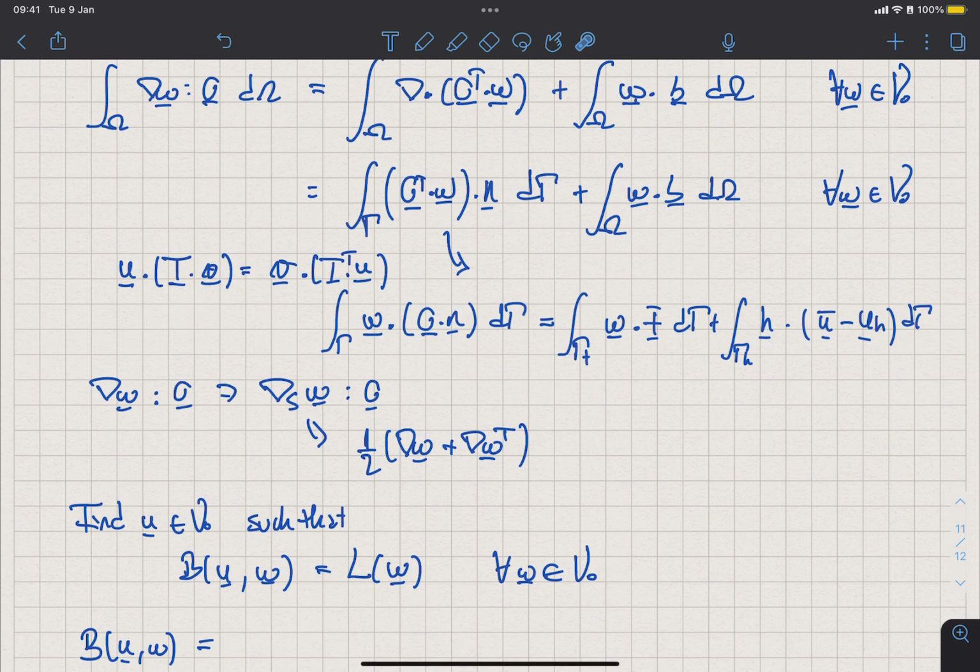Although one of these two terms actually has an unknown displacement field, so this term is going to show up in the bilinear form, but this one is known, and therefore it's going to be in the linear form.